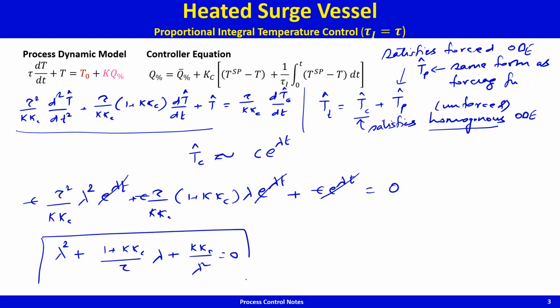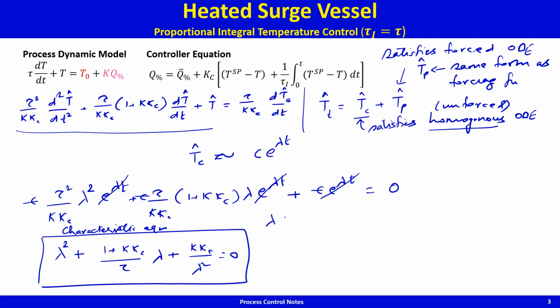This is the characteristic equation of the ordinary differential equation that describes the system response. It is a polynomial in lambda of order 2, so it will have two roots. What are those two roots?